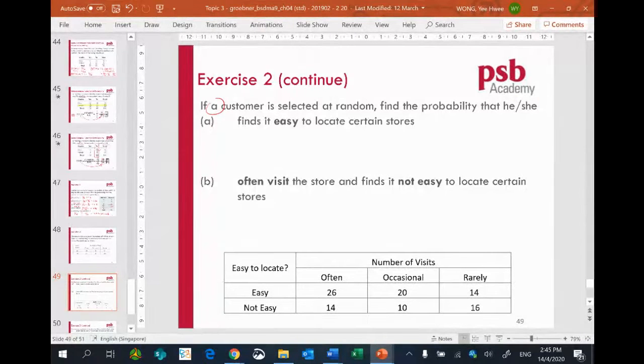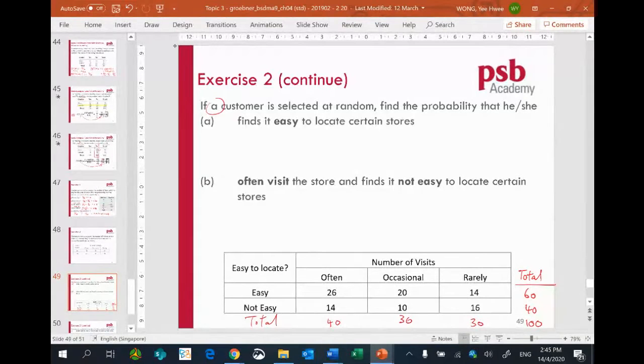So we got to find out the total. So this will be 40, 30, 30. So you get 100 over here. 14 and 16 give you 30 plus 10, 40. So this must be 60.